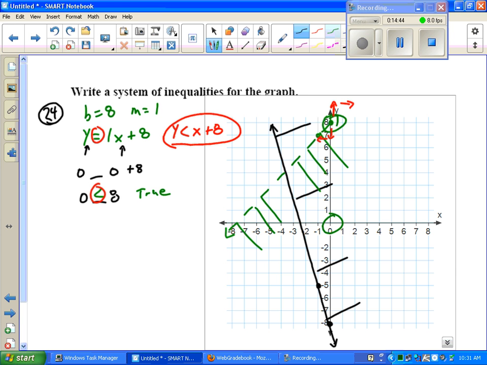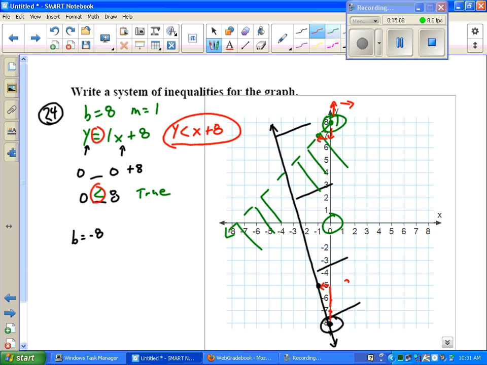The black line, again, you're looking for the b and the m. So the b value of the black one, the one going negative, is negative 8. The m value, again, you can't go to the right or down because we're at the bottom of the picture. So how many times do you have to go up? 1, 2, 3. We go up 3 and to the left 1. Normally we don't do that.